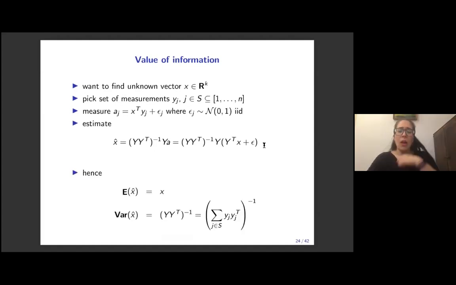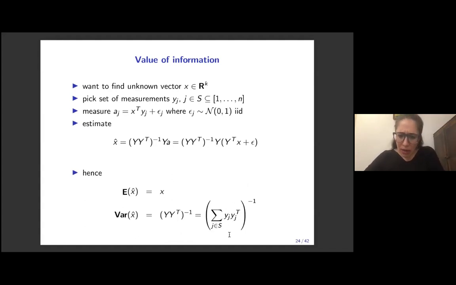I can stare at this, and I can see that the expectation of my estimate x hat is equal to x. So I get the right value for the unknown vector in expectation, and the variance is equal to the inverse of the sum of yj yj transpose over the entries that I selected.